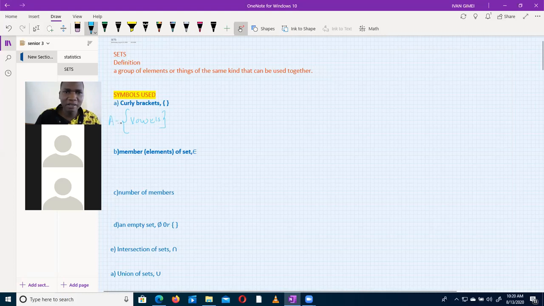So if you have A equals to that, this is a set of vowels.